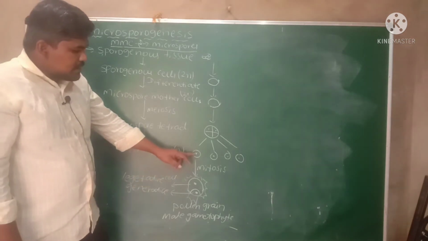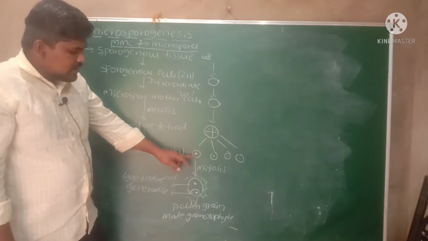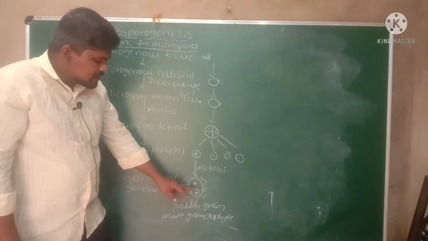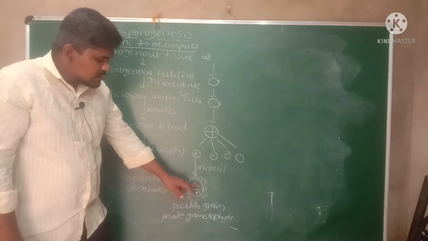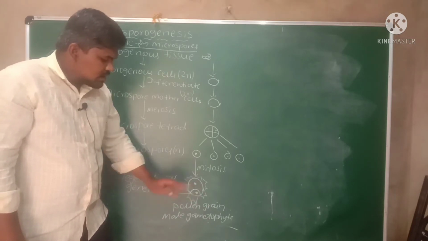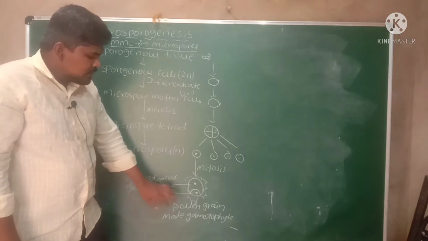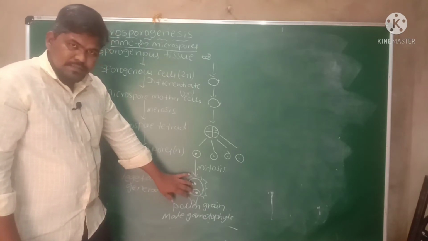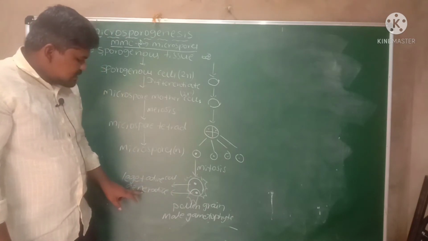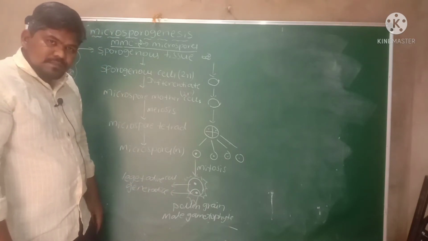Each haploid microspore nucleus divides by mitosis into two nuclei. Then there is unequal division of cytoplasm and a wall forms between the two cytoplasms, leading to two cells. One is called the vegetative cell, the other the generative cell.